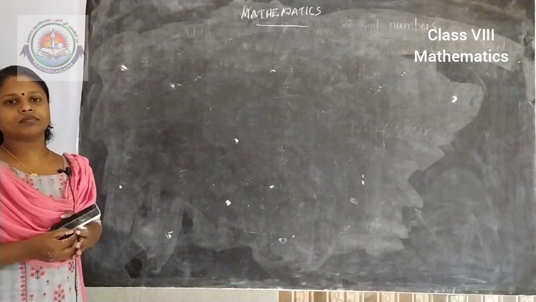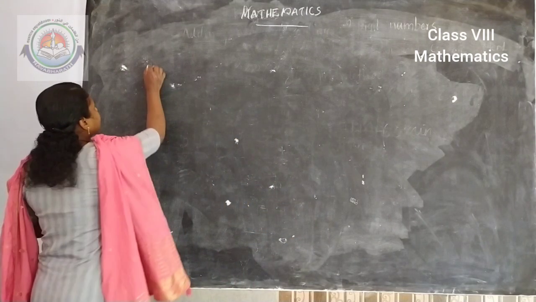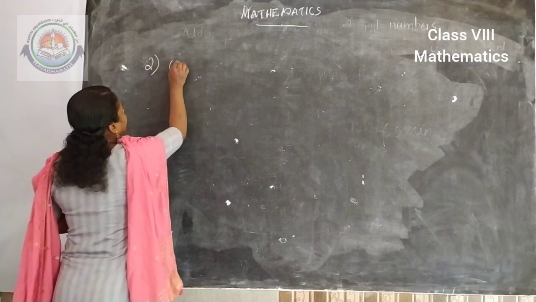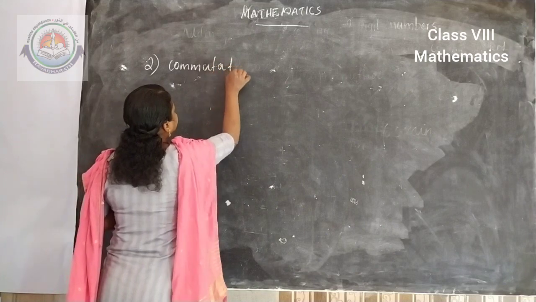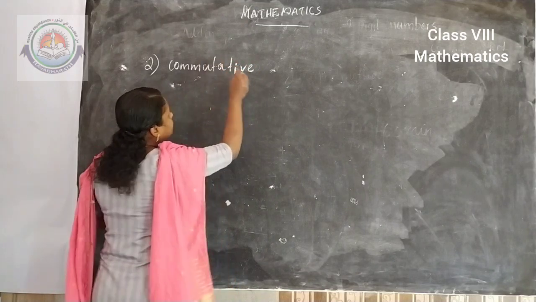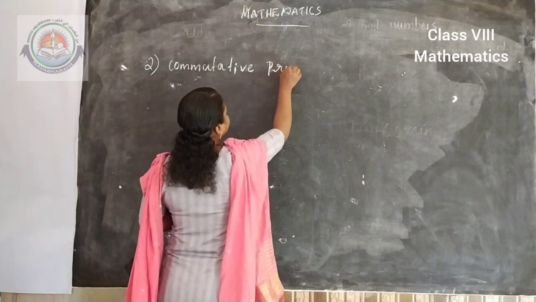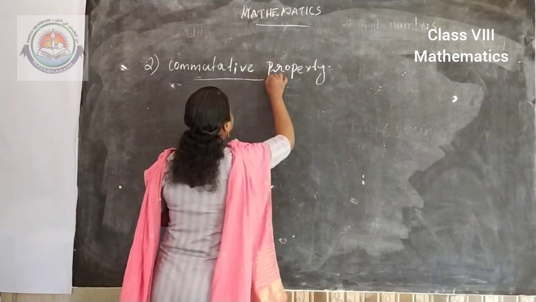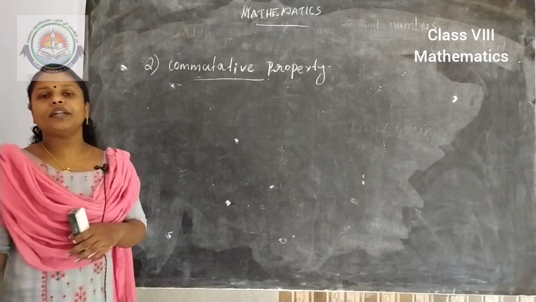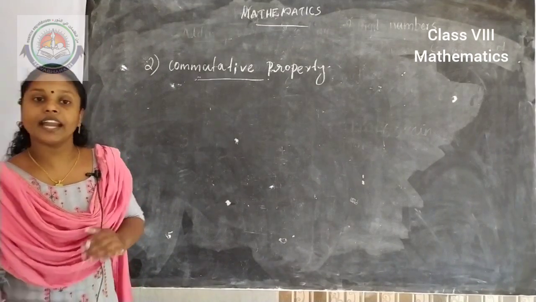Second property, commutative property. What is commutative property of rational numbers under addition?